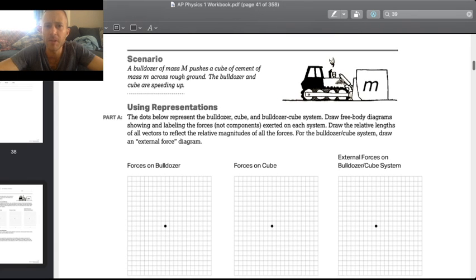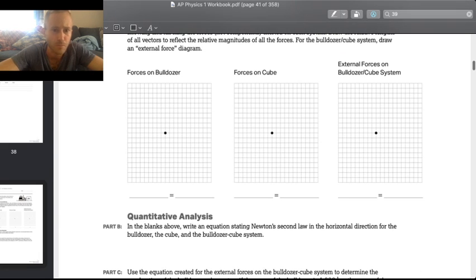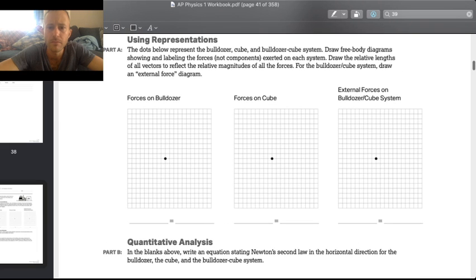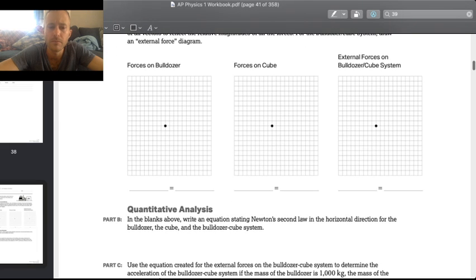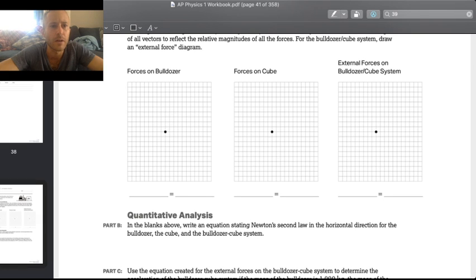So I'm going to assume that the bulldozer is heavier than the cube, okay? All right, so if we look at the bulldozer, it has a downward weight force like this. And then the cube has a downward weight force as well.